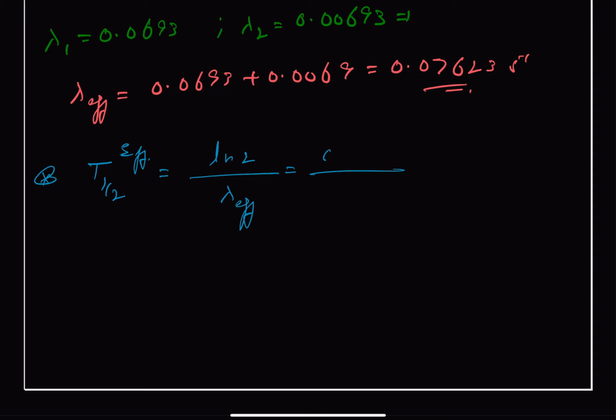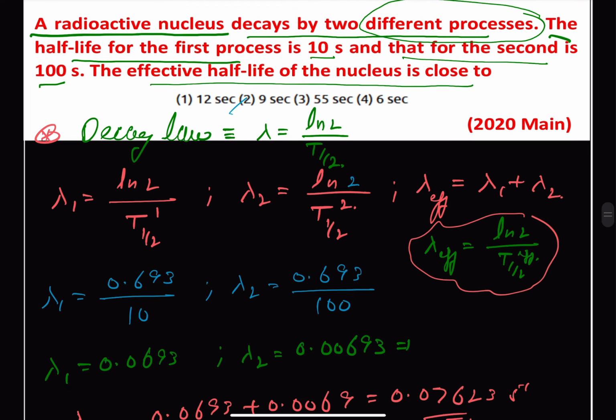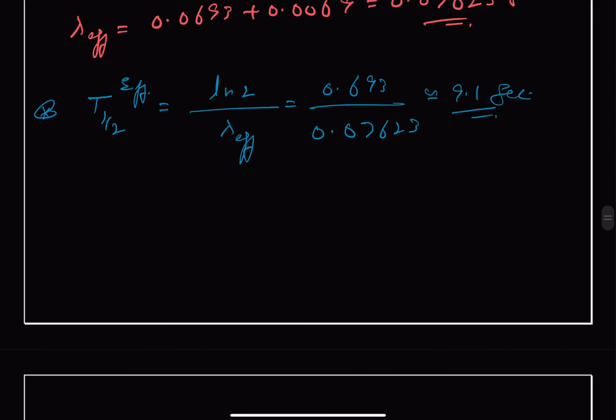This comes as 0.693 divided by 0.07623, which will be coming as 9.1 seconds. So option 2 is correct.